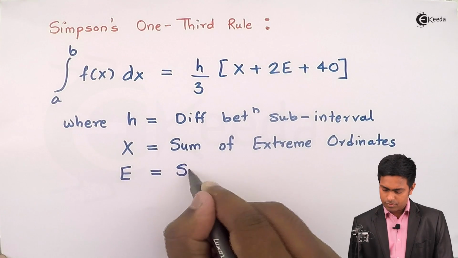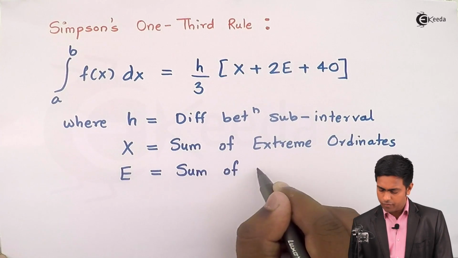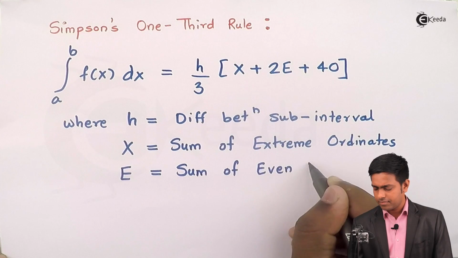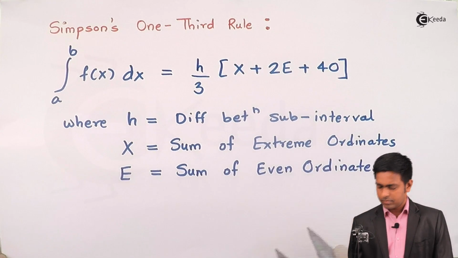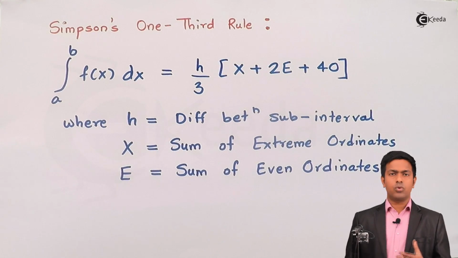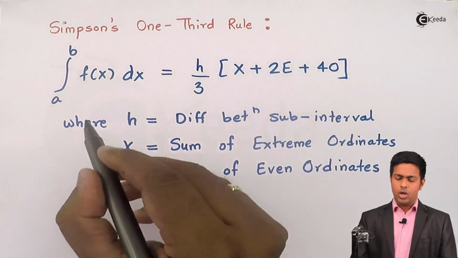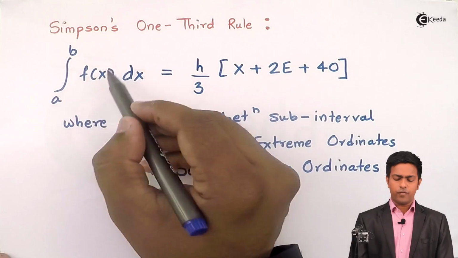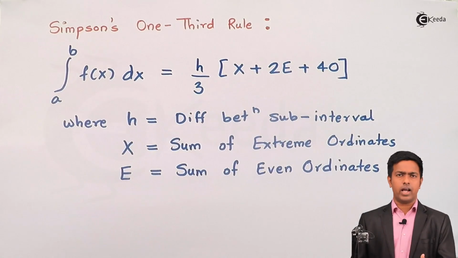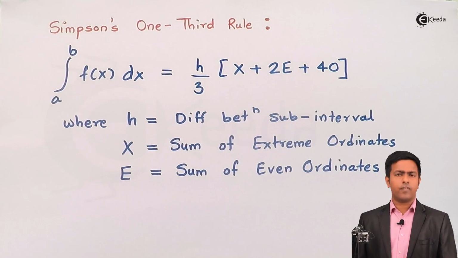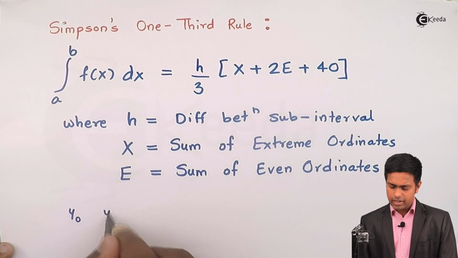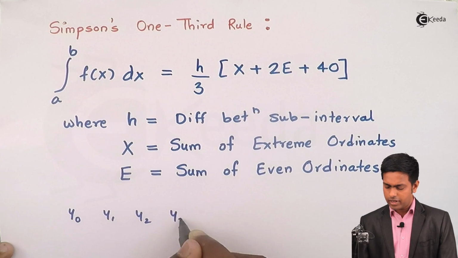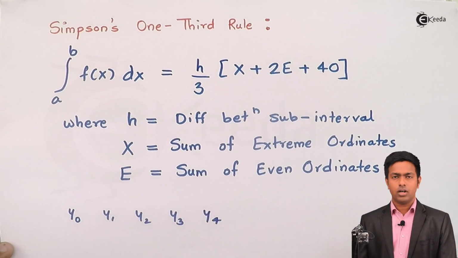Now guys, how do we get these even ordinates? Whenever we find the value of the function f of x, or y, at each value of x, we get values like this: the first value is called y0, then y1, y2, y3, y4 and so on.